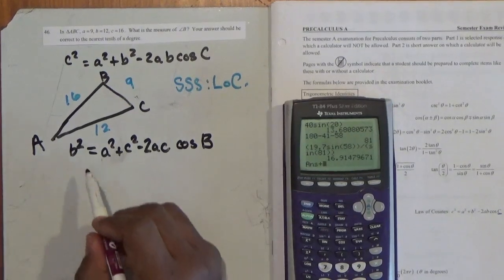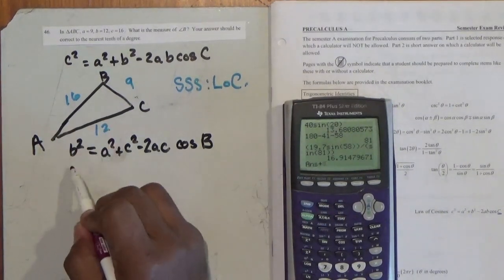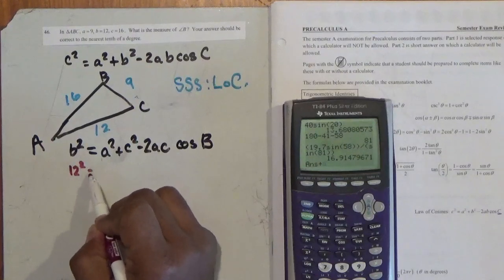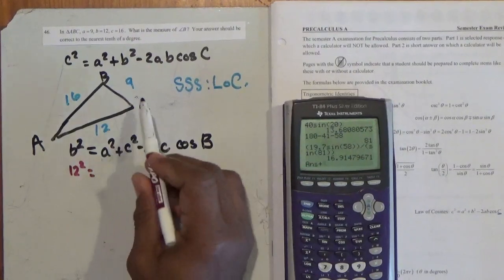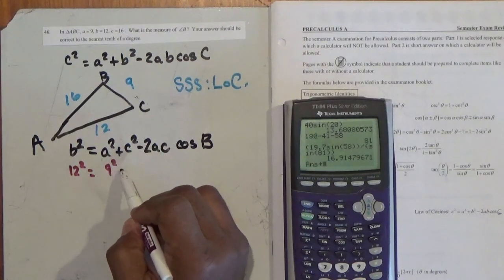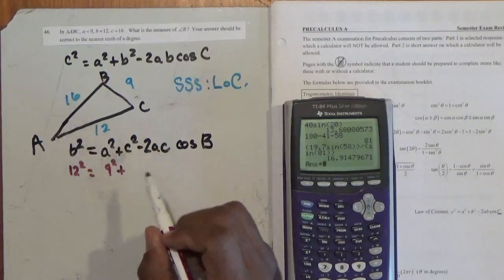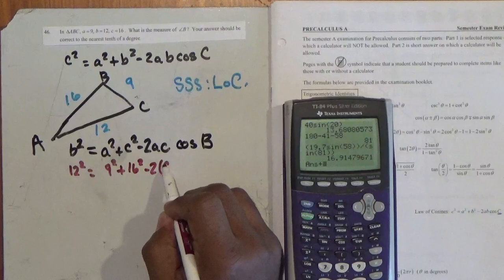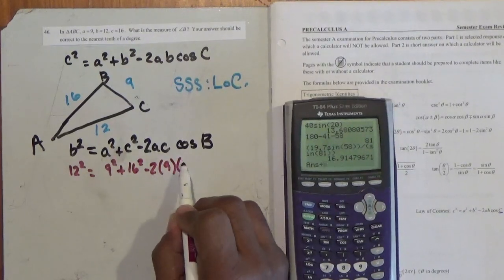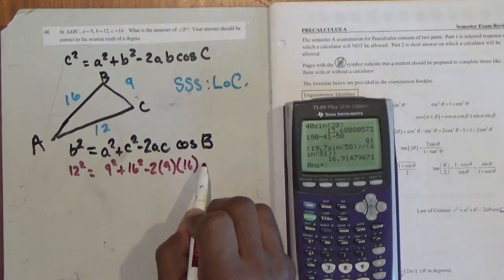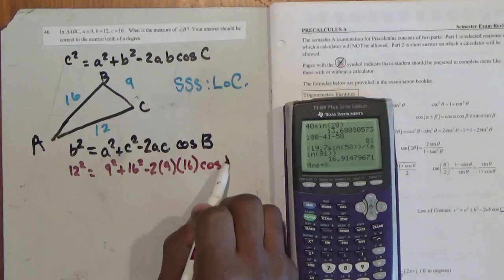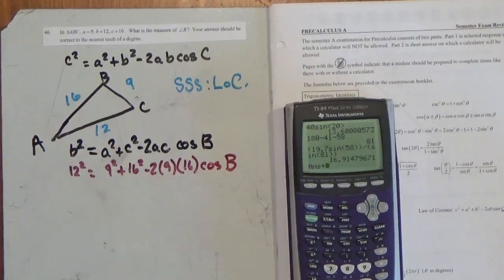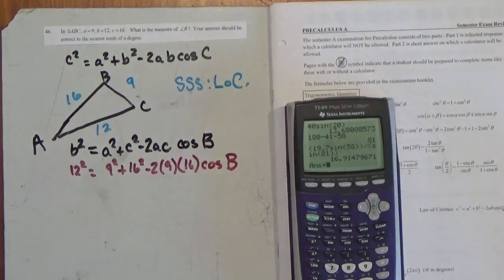Alright, plugging in, B squared, 12 squared is equal to A squared, which is 9 squared, plus C squared, which is 16 squared, minus 2 times 9 times 16 cosine B. Don't know it yet, but there's the formula.